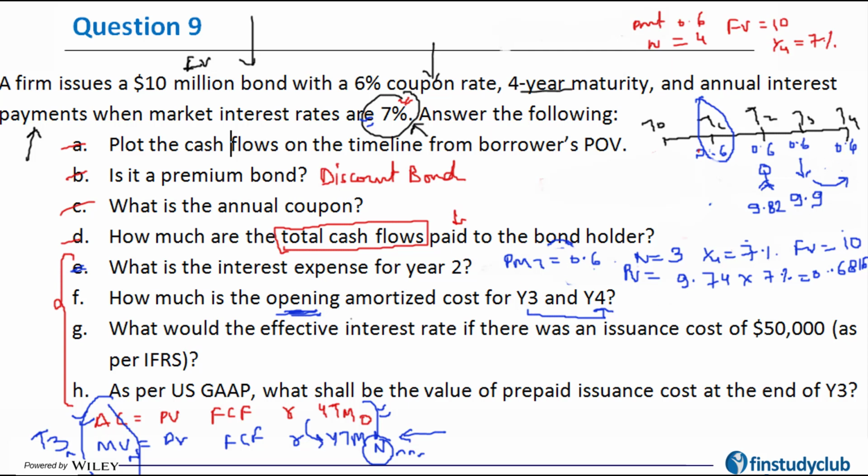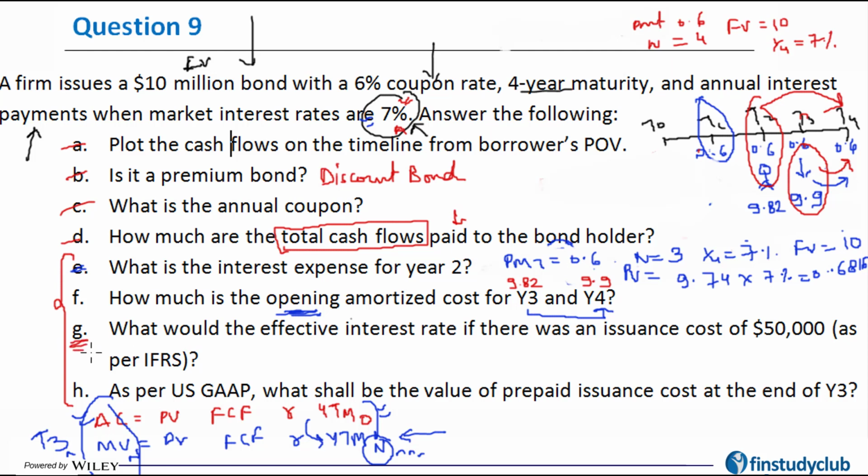So the opening value for year 3 is 9.82 and for year 4 is 9.9. Again, if I'm standing on this timeline, my N becomes equal to 2. If I'm standing on this one, my N becomes equal to 1, and that's how you calculate the amortized cost, the present value of future cash flows at original I/Y.